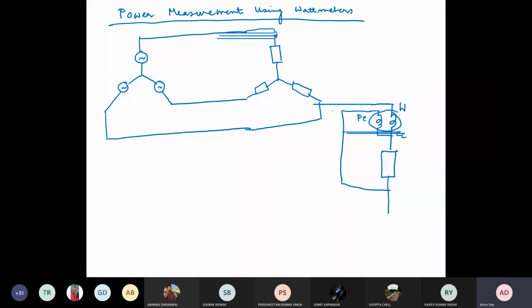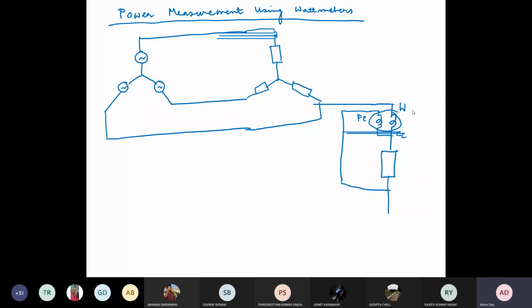For each phase you have to connect like this when you use 3 wattmeters. Similarly, when you have a delta connection, you should join it accordingly. Whenever you use a 3 phase wattmeter, it is straightforward. You have to connect the current coil in CC in series, and the pressure coil across the delta, across the load. Okay, so this is one thing.